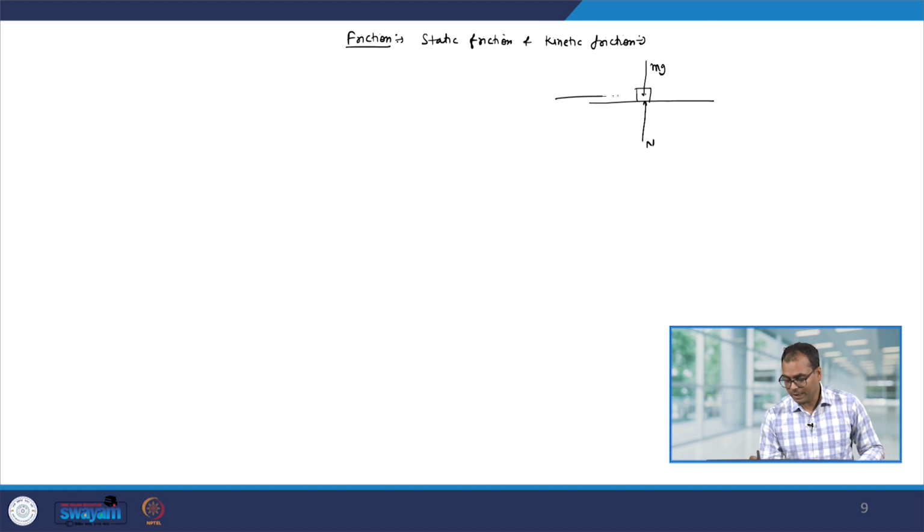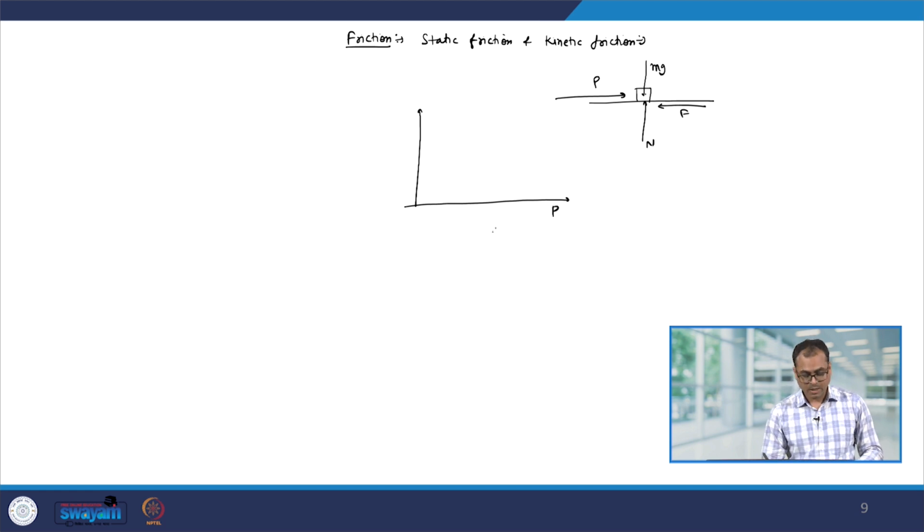Let us say you apply the external force P, then the frictional force is going to develop. If you plot the frictional force as a function of external force P, then initially F is going to increase. It attains a maximum value, F max, which is equal to mu times N, and then the body starts to move.